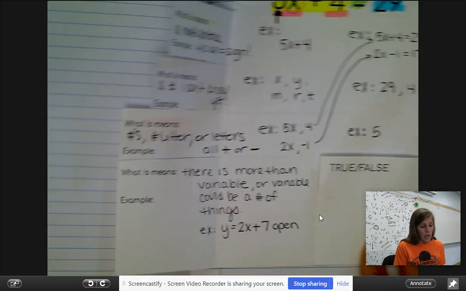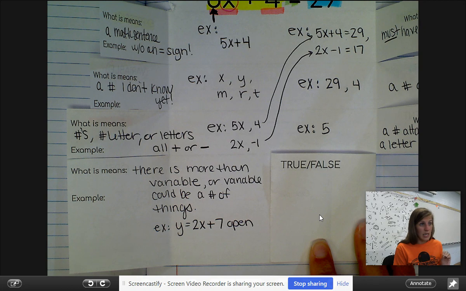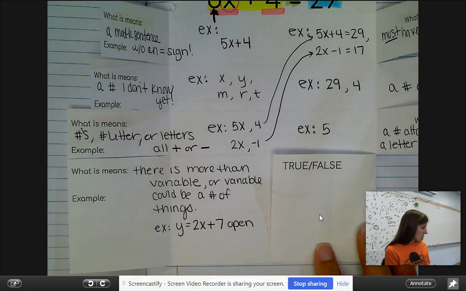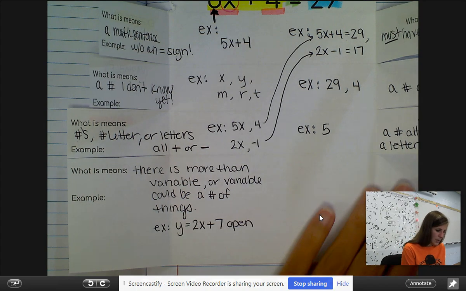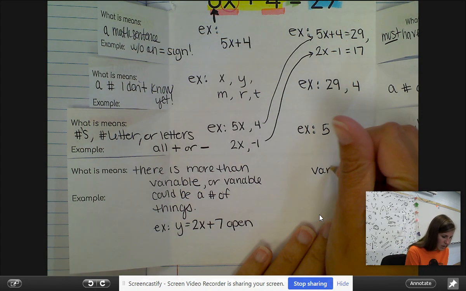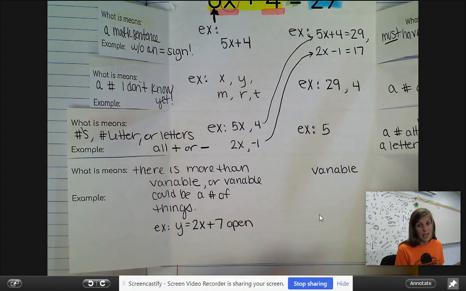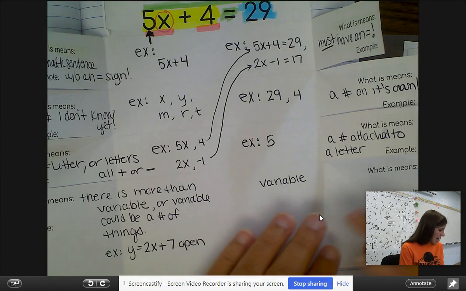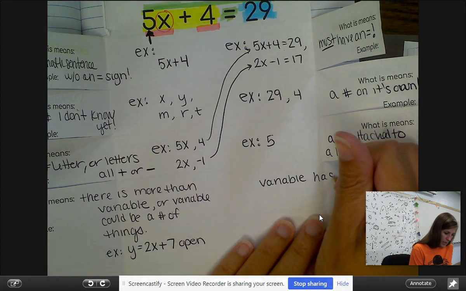Something that is true or false is an equation that either makes sense or doesn't make sense. So your variable, if there is one, has one answer only.